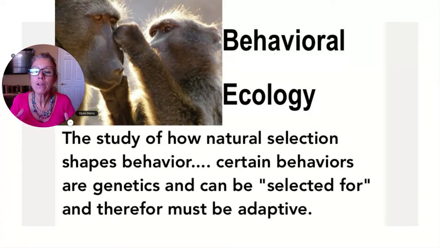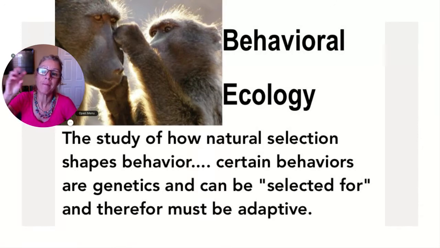So behavioral ecology is looking at how natural selection shapes the behaviors that we have. And the assumption is that if there's a certain behavior that takes place, whether it's a dance or, in this case, cleaning you for bugs and a snack, if that behavior is persisting now, it must have been adaptive and it must have been selected for, right?